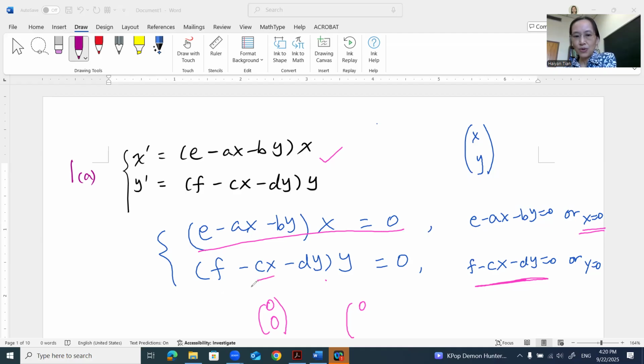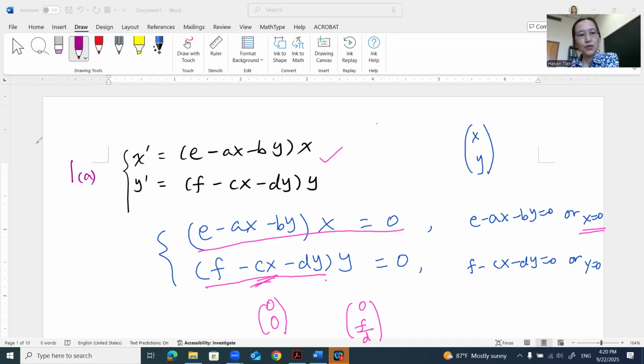But when X is 0 and Y is not 0, let's solve for Y. When X is 0, this term is dropped, then Y can be found. Y will be F over D.